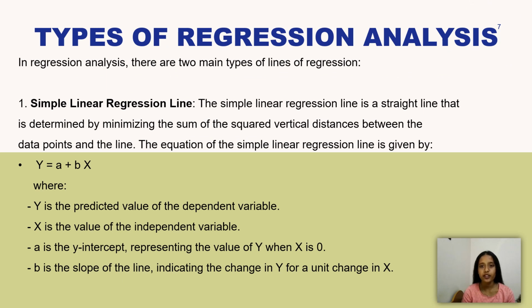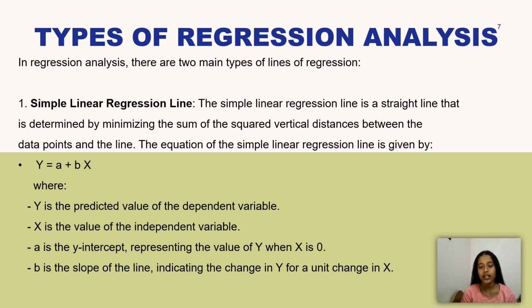So there are two types of regression analysis or lines of regression. The first one is the simple linear regression line and the second one is the multiple linear regression line. The simple linear regression line is represented by the equation y = a + bx, where y is the predicted value of the dependent variable, x is the value of the independent variable, a is the y-intercept representing the value of y when x is 0, and b is the slope of the line indicating the change in y for a unit change in x.